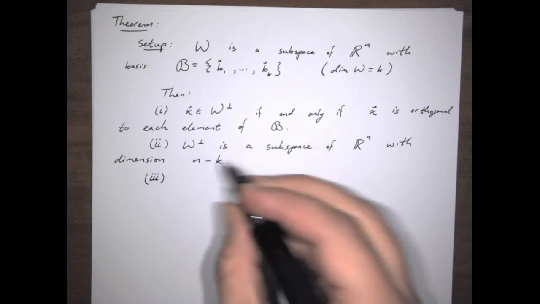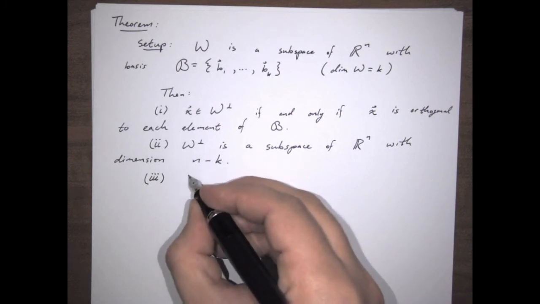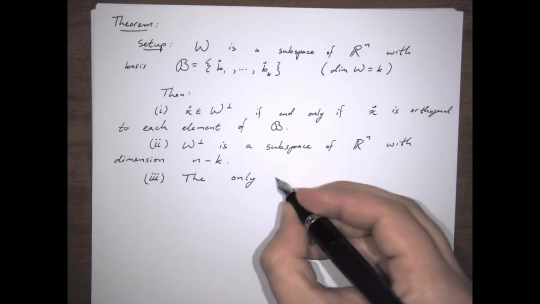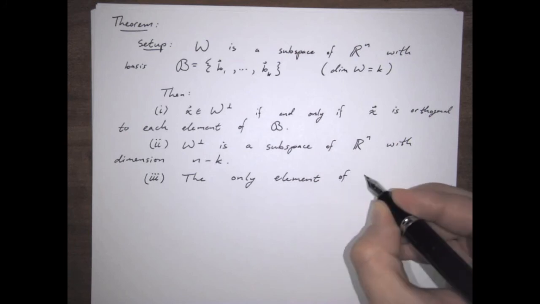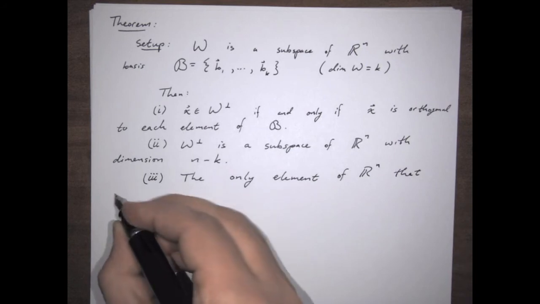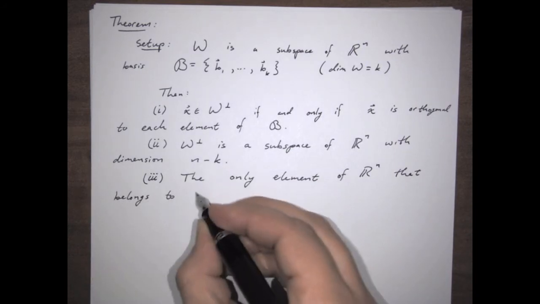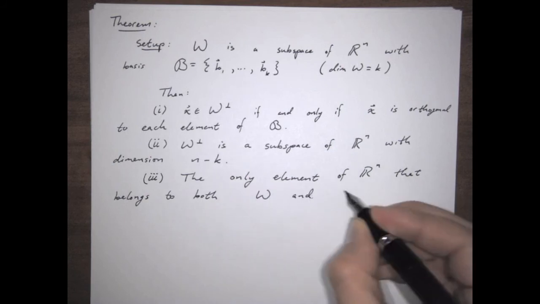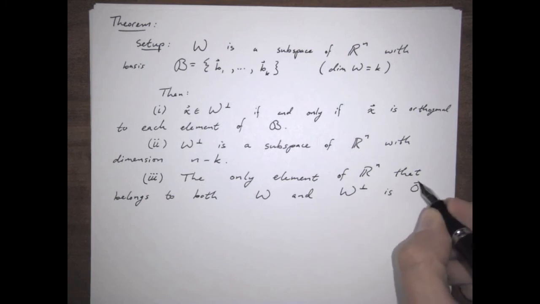And the third and final property that we're going to say in this theorem, the only element of Rn that belongs to both W and W perp is the zero vector.